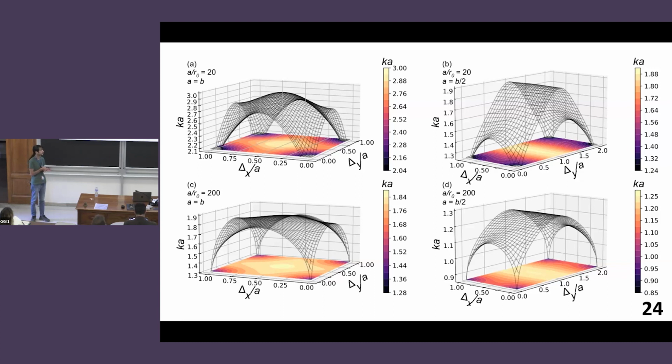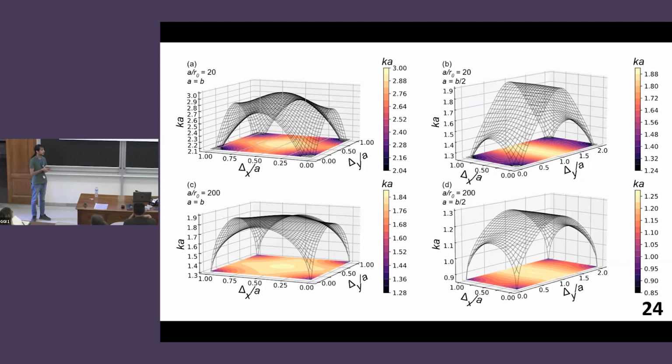A to R0 equal to 10 is, once again, very close to the edge of applicability of our analytic theory, and A to R0 equal to 200 is something that's supposed to work very well. To the left is the case where the sublattices are square, and to the right is the case where the sublattice is twice stretched along the y direction.